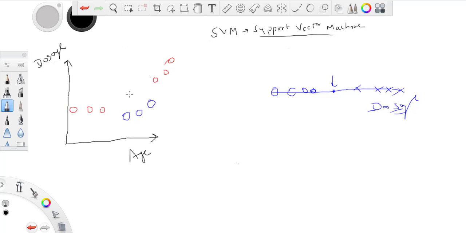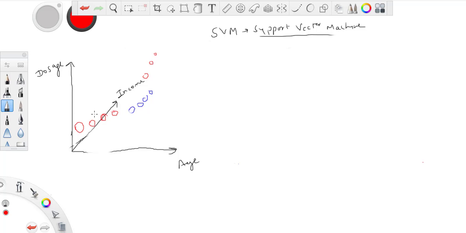At lower and higher age people have one class, and in the middle age we have a different class, right? So I can have a decision boundary over here, which is a line in this case, right? So this is an example of how I can divide the data in 2D.